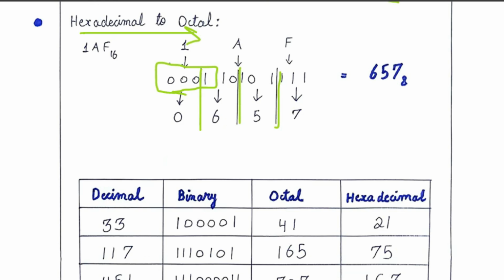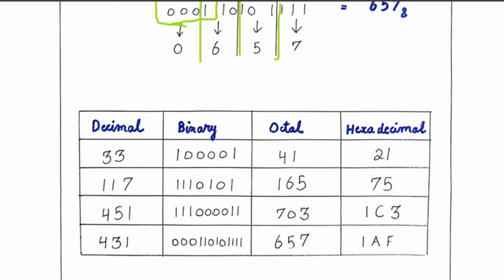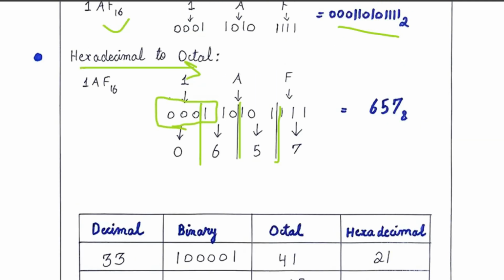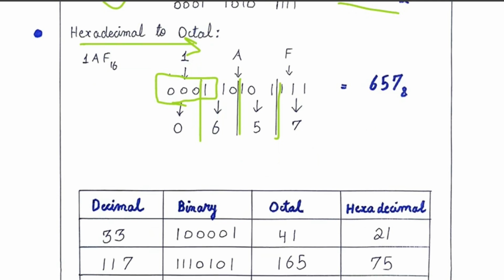So after separating it into the groups of 3, we can then convert it. In this case it is 111, which is 7, 101, which is 5, 110, which is 6, and 001, which is 1, and we can write it like that, 657 with the base of 8, which is an octal number.